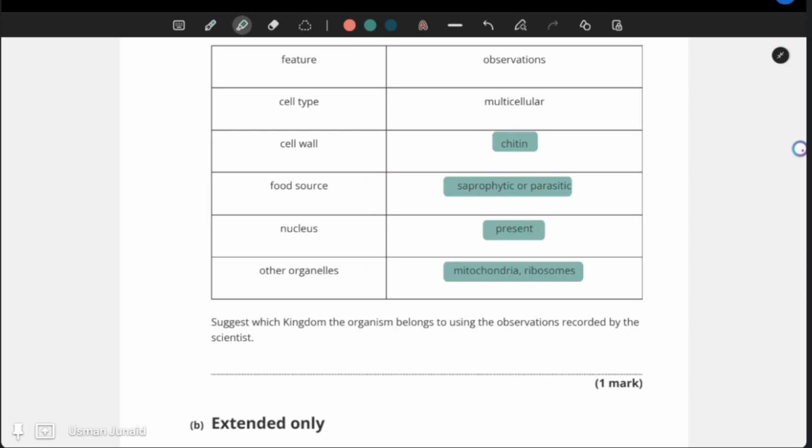Animals don't have a cell wall. Okay, so what kingdoms are they?